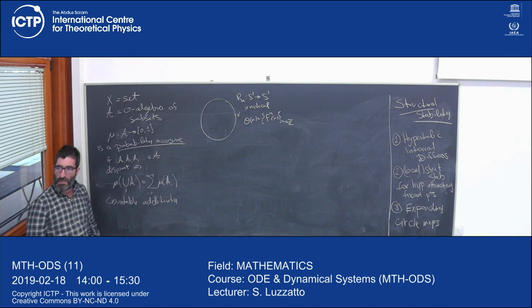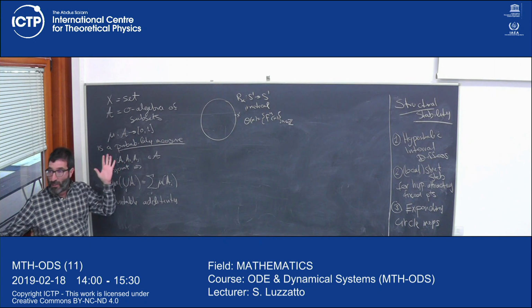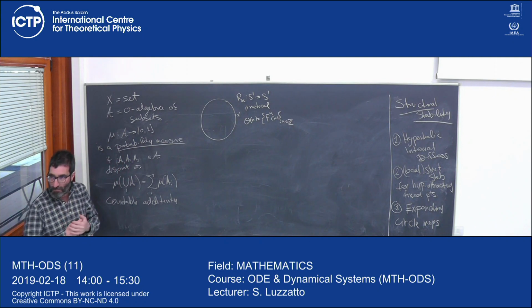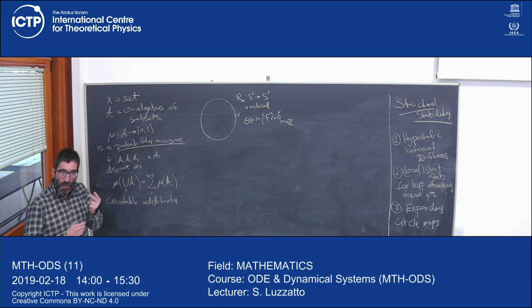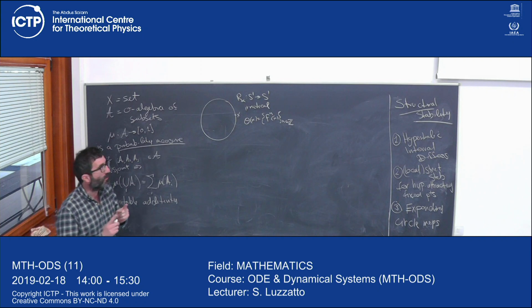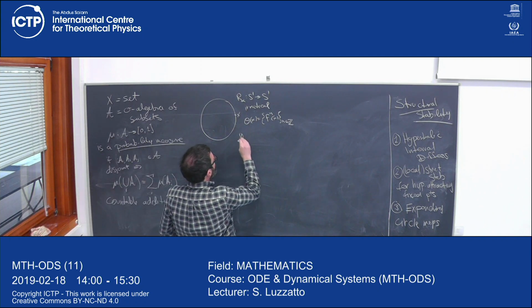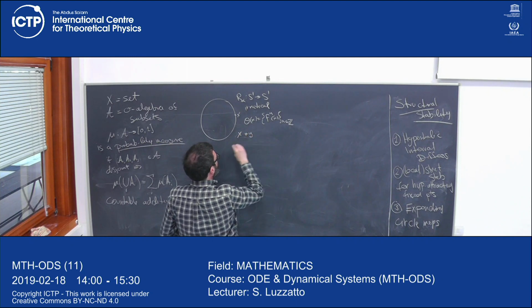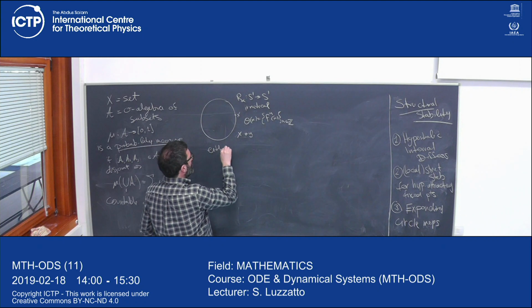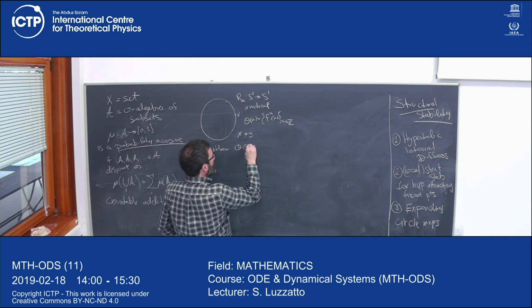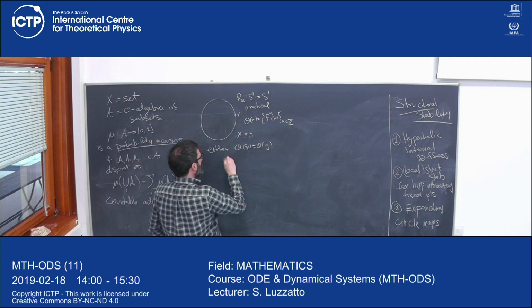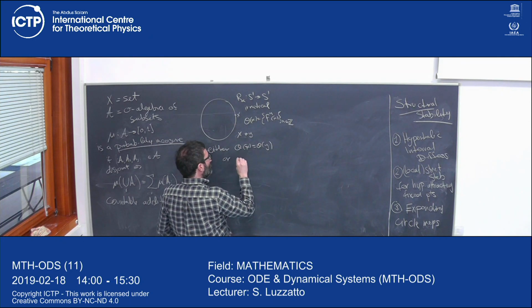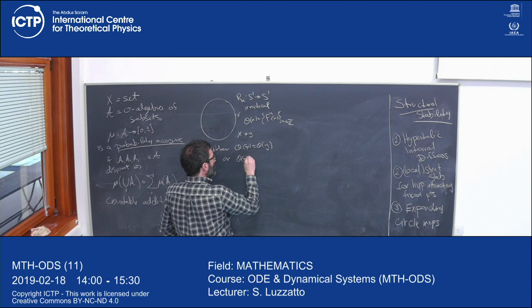Remember the property of irrational rotation: this orbit is dense, but most importantly, it's an infinite orbit. It's not a periodic orbit for every point. And of course, any two orbits are either the same orbit or disjoint. So if x is different from y, then either the orbit of x is equal to the orbit of y, or the orbits do not intersect.